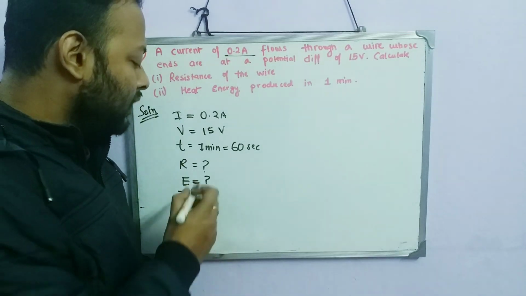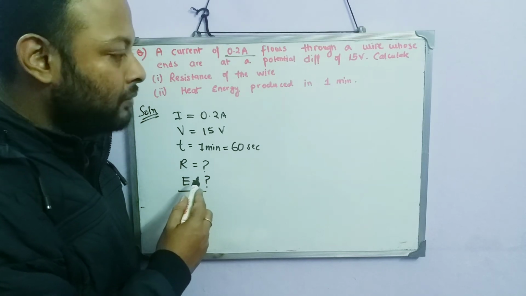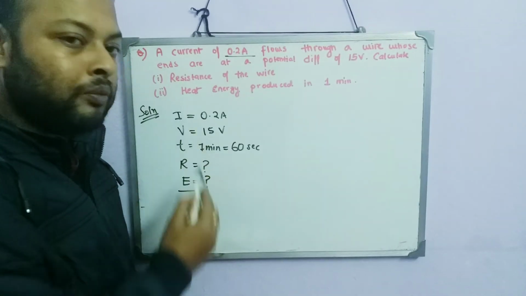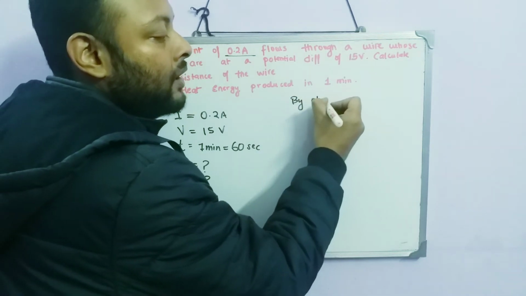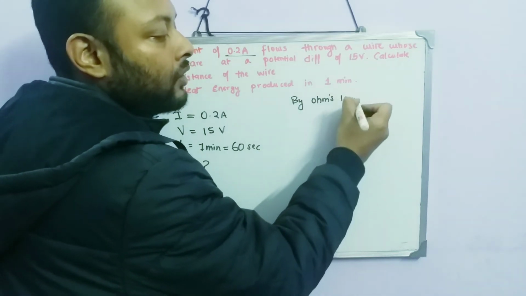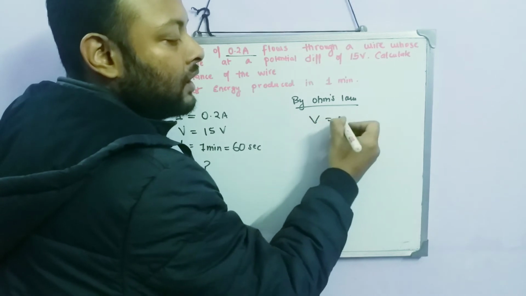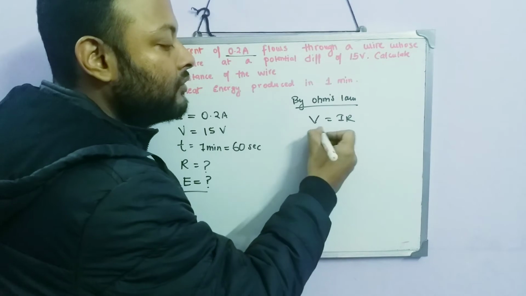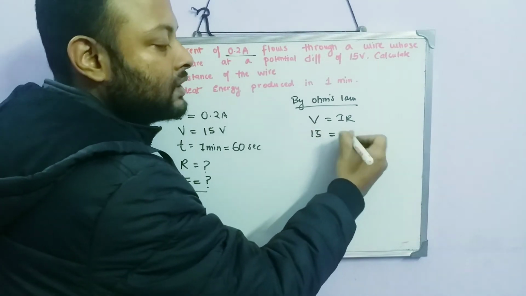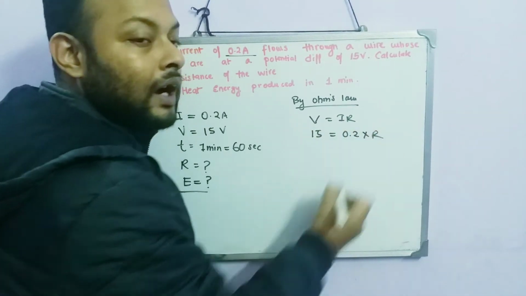Now to calculate the resistance I can easily apply Ohm's law because V and I both are given. So by Ohm's law, V is equal to IR.